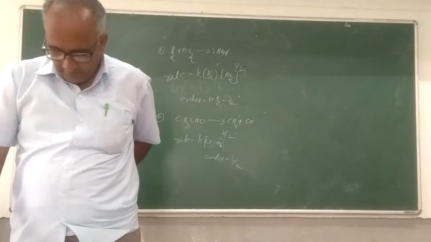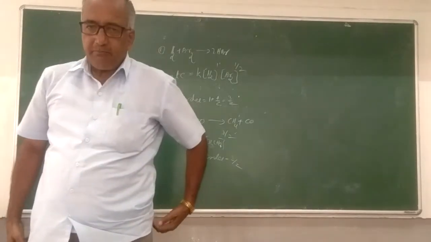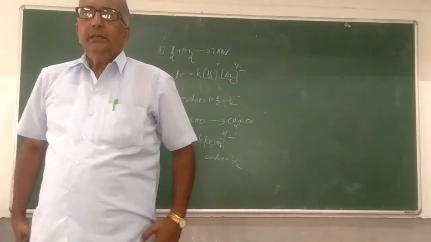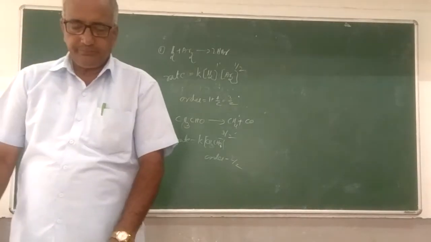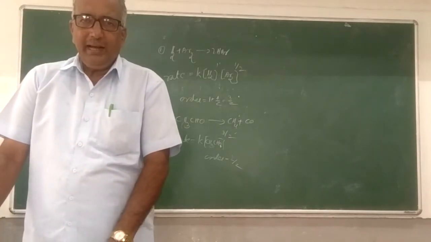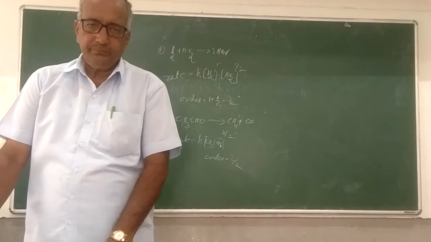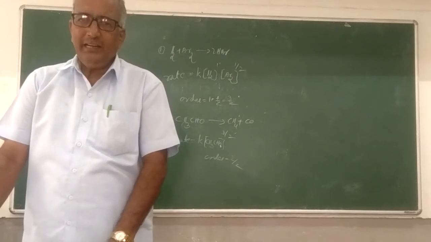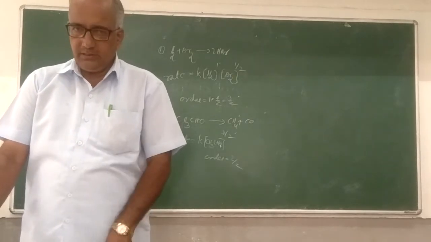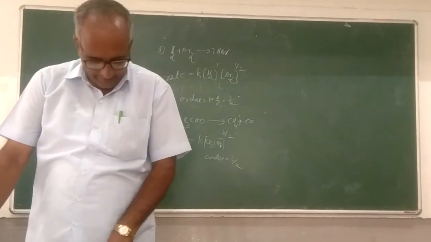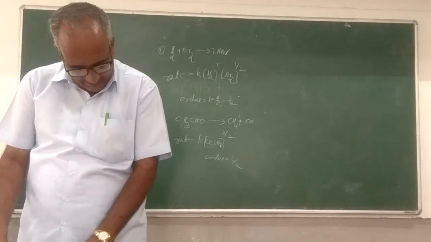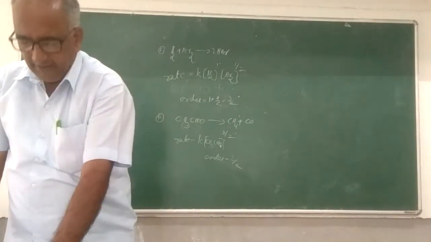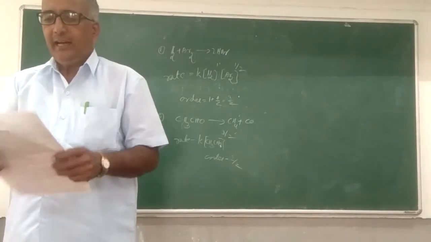Let us see what is meant by the elementary reaction and the complex reaction. A reaction in which the reaction is completed in only one step is called as elementary reaction. A reaction which takes place in a single step is called as the elementary reaction.